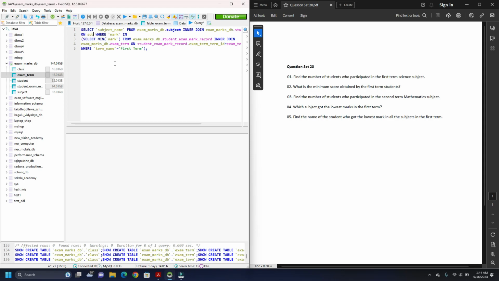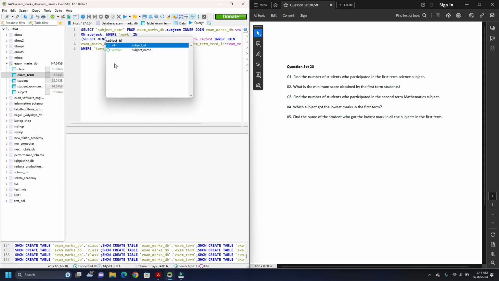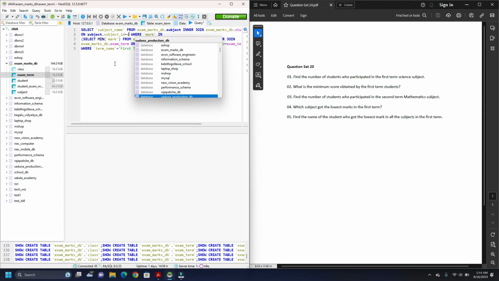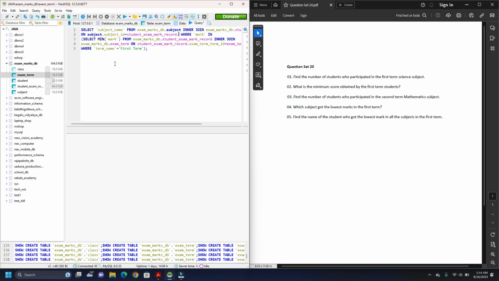So subject id from the subject table joins it with subject id from the student exam mark record table. And let's go ahead and execute it. And there you go, the lowest mark, the minimum mark of first term, which is 10.5, comes from the subject science.